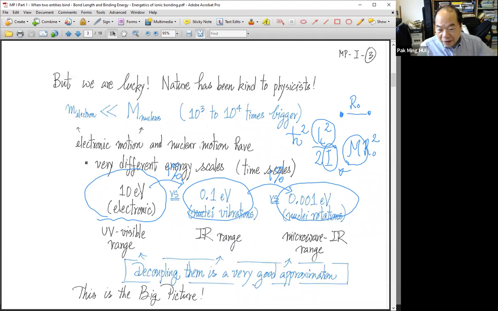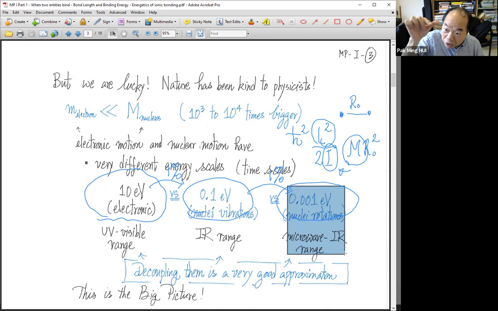And then the rotational one is microwave and then extends to the infrared range. That is easy to imagine. You put a glass of water into the microwave oven, 2 minutes later, it warms up. So it has to do with the rotational motion of the water molecule when you excite it in your microwave oven. It is microwave.